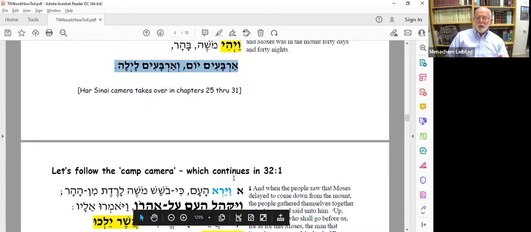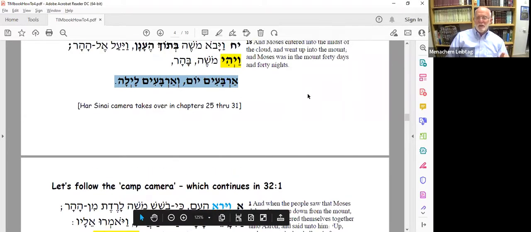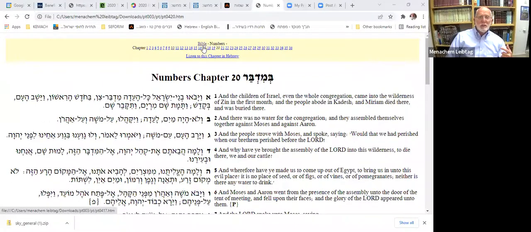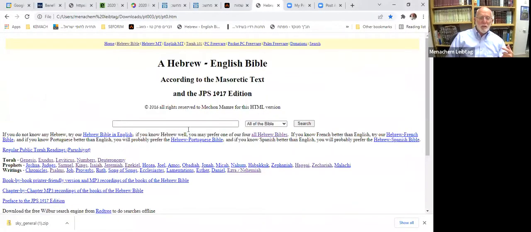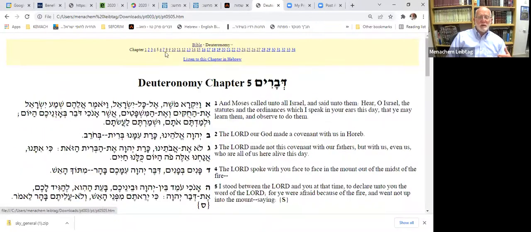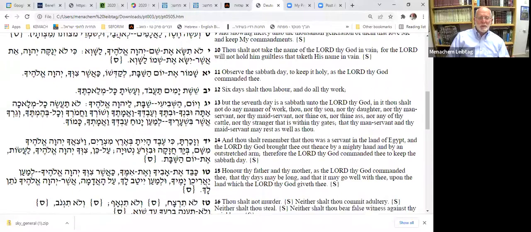Before we read this, I want to go for a second to Sefer Devarim. Again, Moshe is telling the story 40 years later, but he's telling a story that happened at Har Sinai. Listen to the people's description of Har Sinai to Moshe Rabbeinu that Moshe retells in chapter 5 in Sefer Devarim, right after the Ten Commandments.